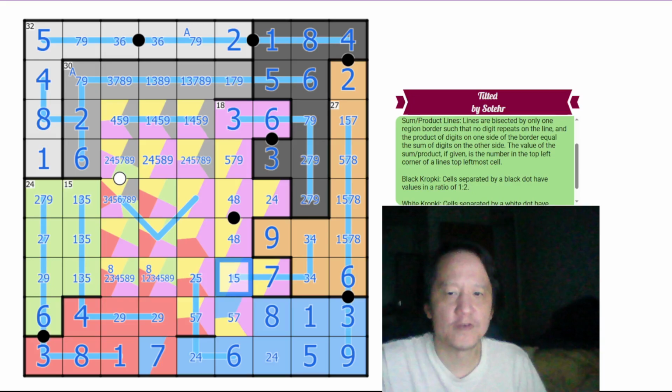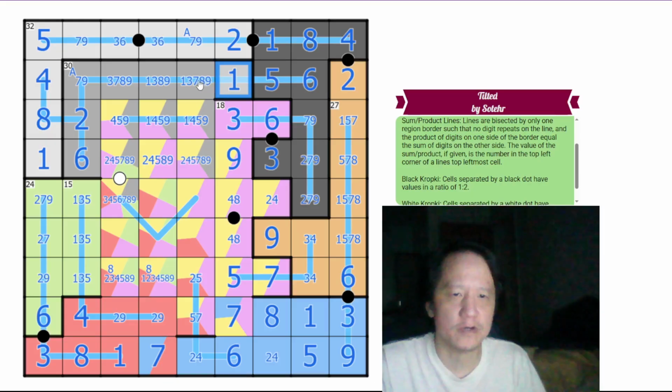If this is 5, okay, so if this is 5, this becomes 7, that's 9, this is 1. That's fine. That means this is not 5, this is 2. This is 5. So far that's fine. 9. This can't be 2 or 5.